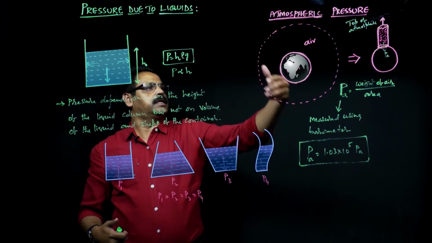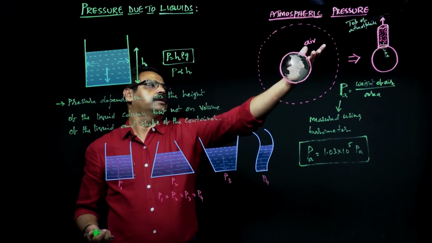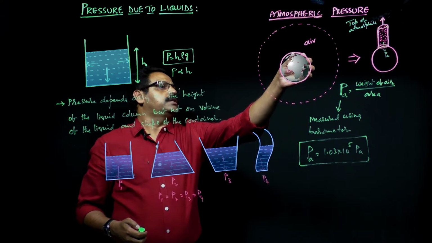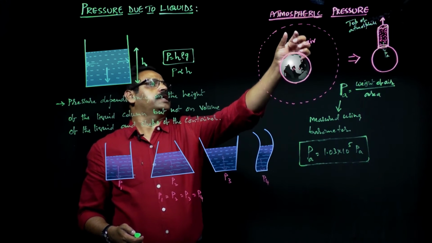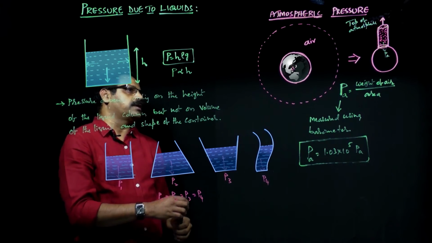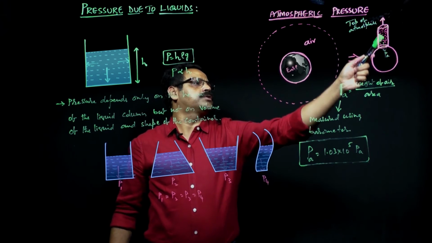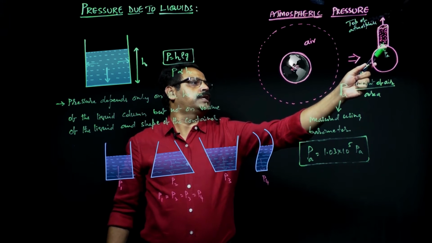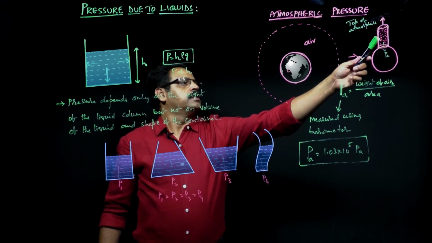So obviously air surrounds it. So the atmosphere contains air. If you consider a unit area of cross section on the Earth's surface, then from this unit area of cross section to a certain extent there exist air particles, that means atmosphere, and beyond that there is no atmosphere. That is what we have written here. Here there is no atmosphere, but for this unit area, if you go vertically to a certain extent, the air exists.